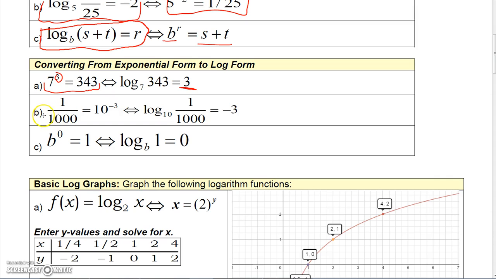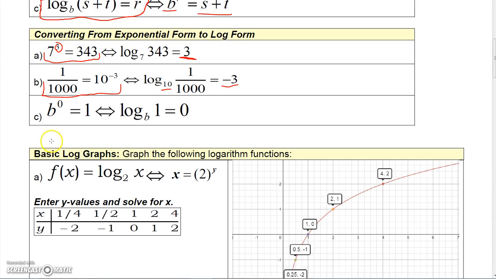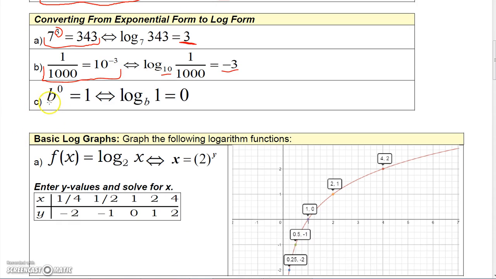Okay, and then if I said 1 over 1,000 is 10 to the negative 3, which of course is a true statement, then that would be the same as saying the log of 1 over 1,000 base 10, since that's the base, is equal to the exponent negative 3. And if I said b to the 0 equals 1, that would be the same as saying the log of 1 base b is the exponent, which is 0.